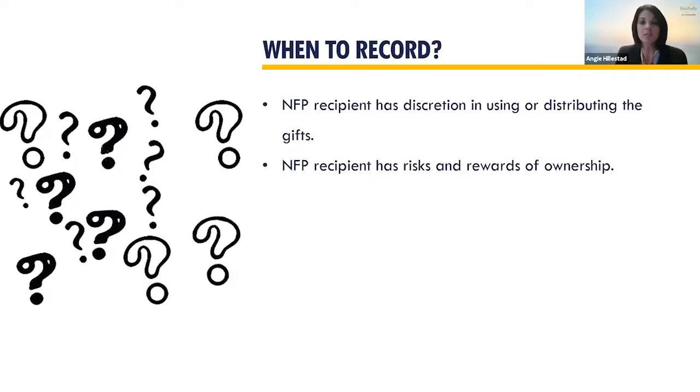Usually this is going to happen at the point in time that the not-for-profit takes physical possession of the gifts, but it could also be in circumstances when the not-for-profit takes constructive possession. So for example, we have some clients that have donated goods that are held in a third-party warehouse.